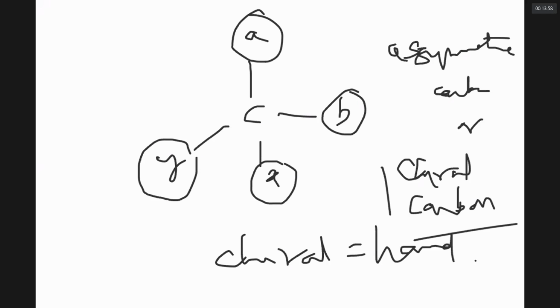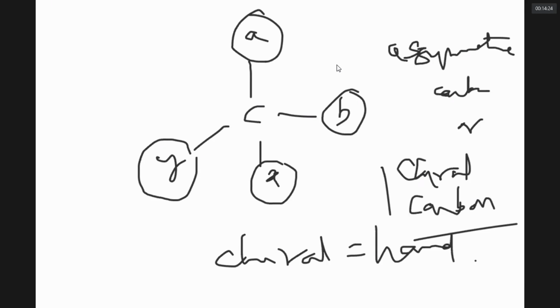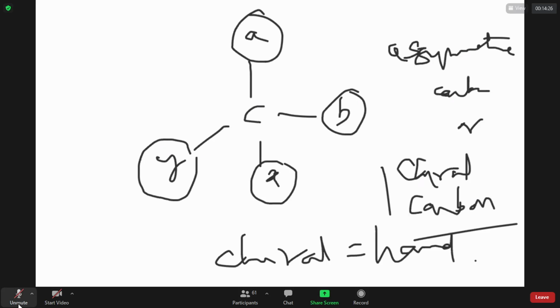Look at the English alphabet A. How does it look in the mirror? Capital A is the same. If you look at B, does it look the same? No, different. So you can see that in the English alphabet, some letters are optically active. Is C optically active? Is C the same in the mirror image, or is it different?